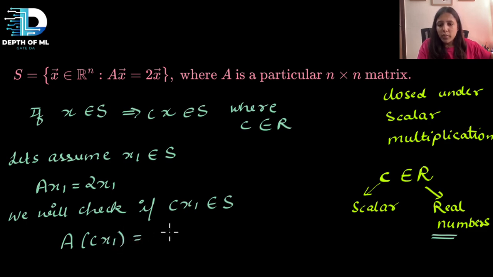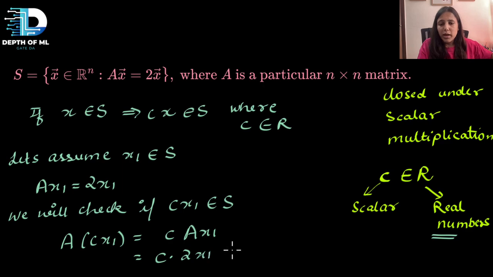I can take C out, so I can say C times A of x1. I know the value of A of x1: Ax1 is 2x1, right? So this is C into 2x1. I can rearrange this a little bit, and what I'll get is 2 into C of x1.